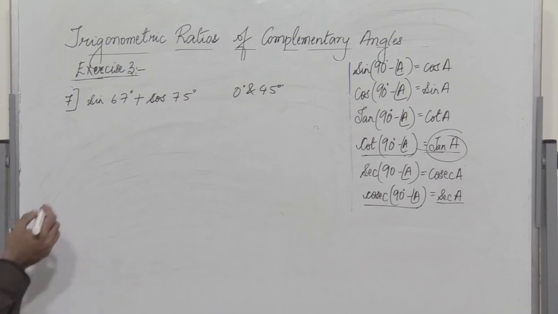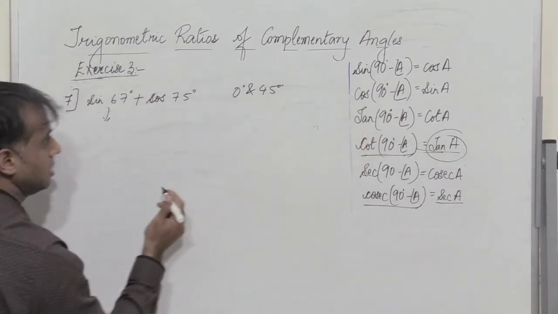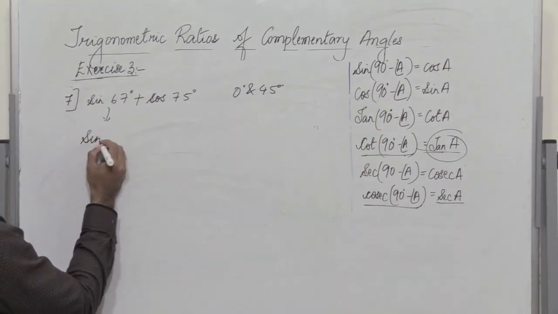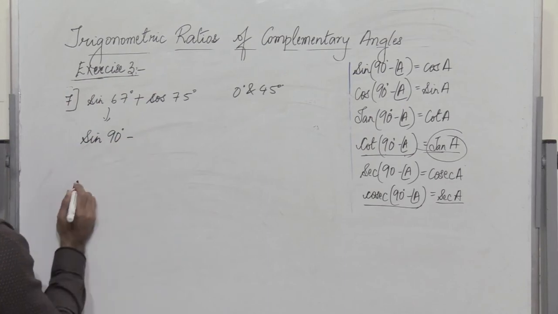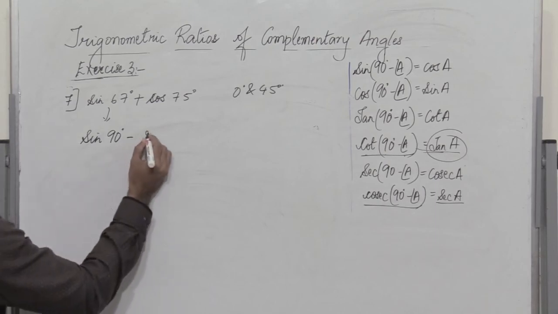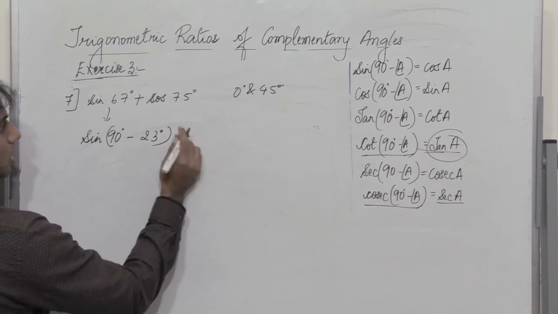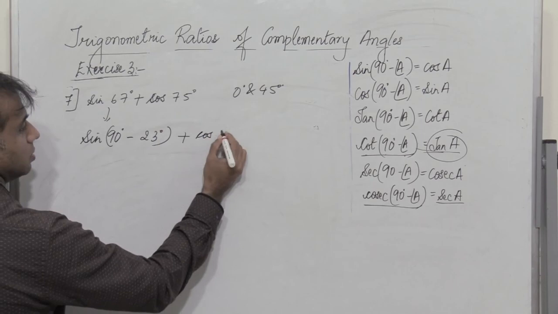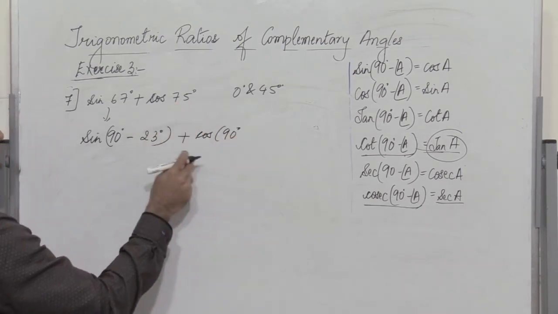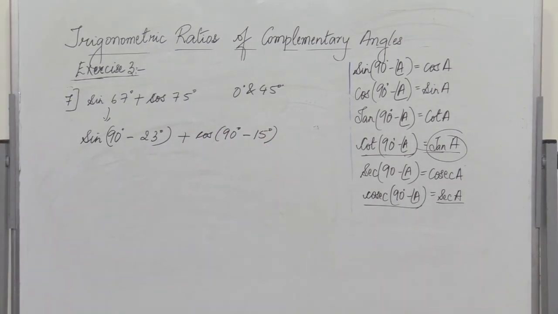We know that sine A can be written as cos of 90 minus A. So this can be written as cos of 90 minus 23, because 90 minus 23 gives me 67, isn't it? Plus, for cos, I can write 75 as 90 minus 15, so 90 minus 15 gives me 75 degrees.